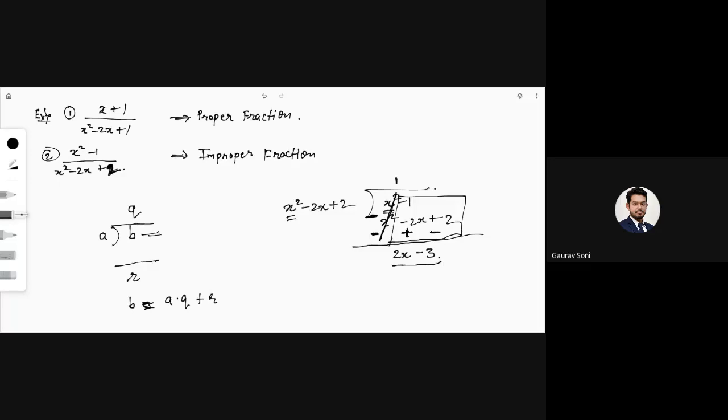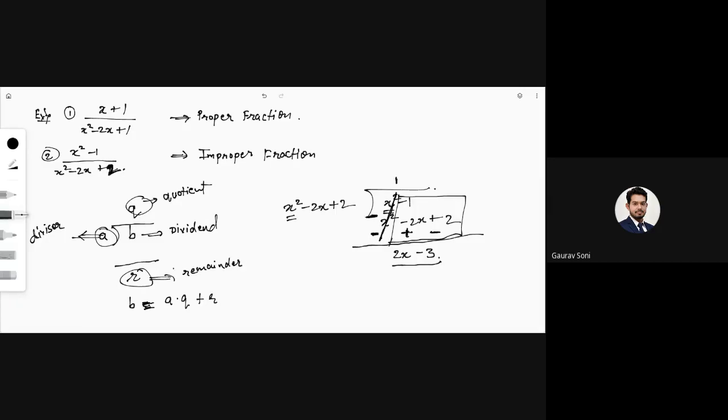So this B which is getting divided is called the dividend. The number which is dividing this is called the divisor. This is what you call the quotient. And what remained after dividing is the remainder.